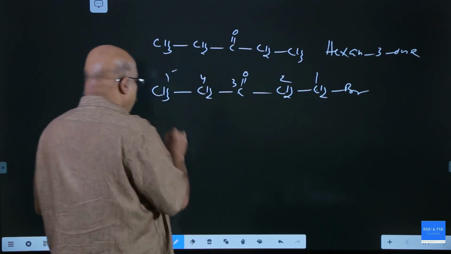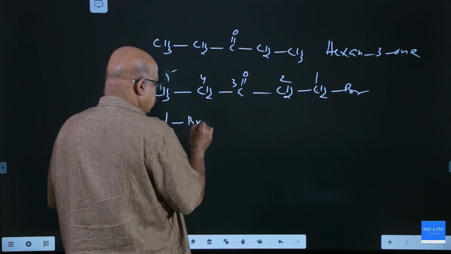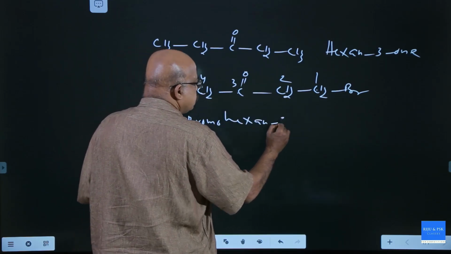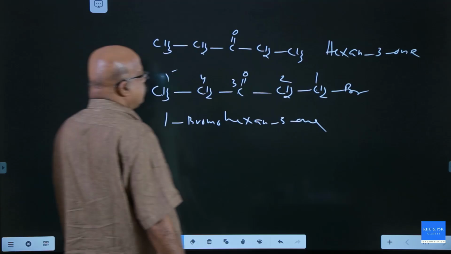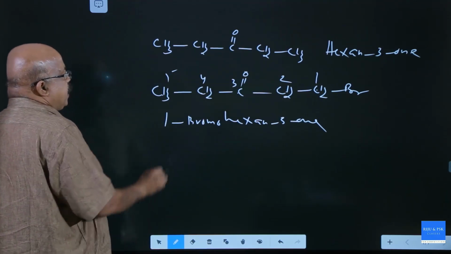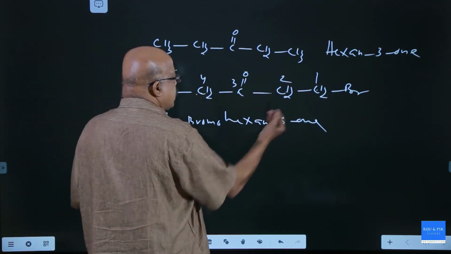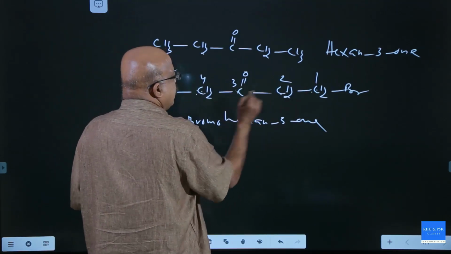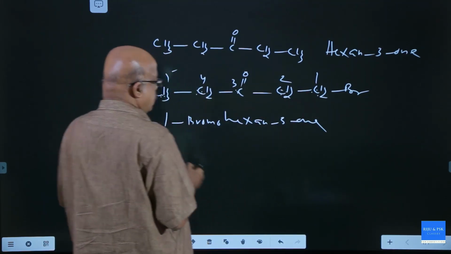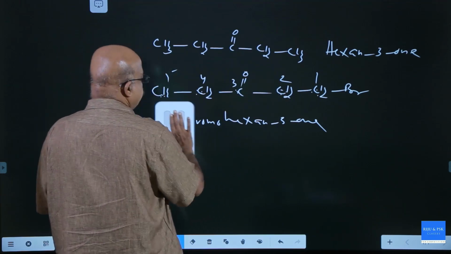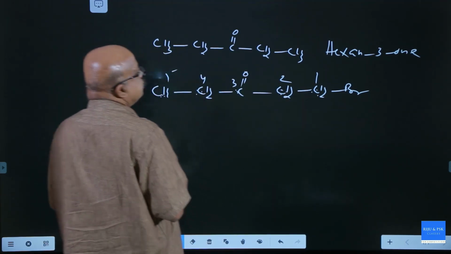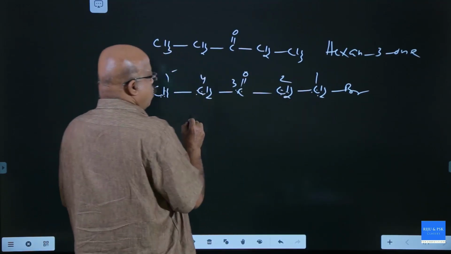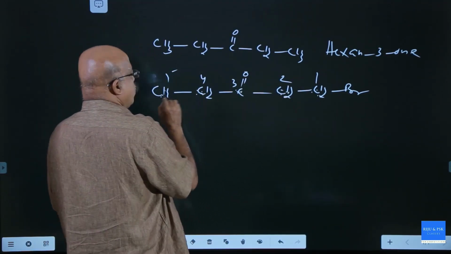It is 1-bromo hexane trione. Numbering from here 1, 2, 3, it is hexane trione. 1, 2, 3, 4, 5. It is 1-bromo.